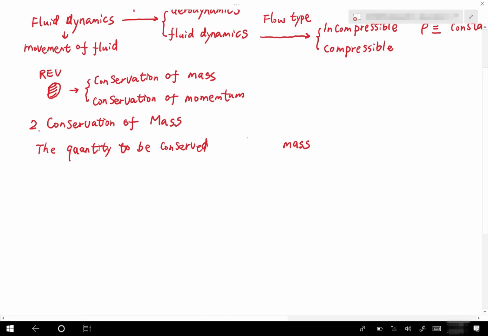So here it's not mass, it's specific mass. Specific mass is just the mass per volume, here m over v. So you will find that the quantity to be conserved in the conservation of mass for our governing equation here is just density or unit mass.